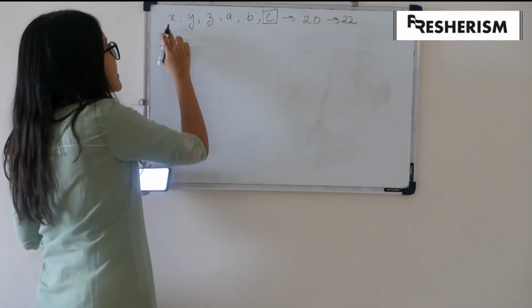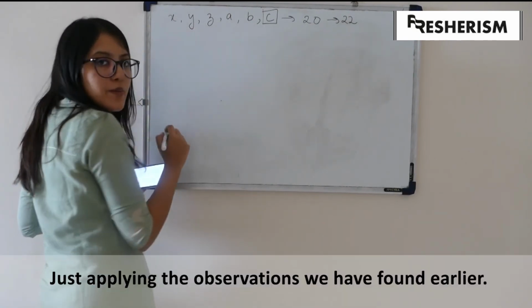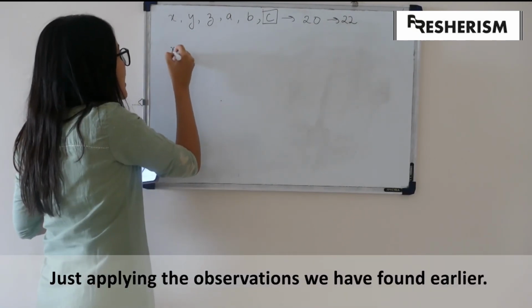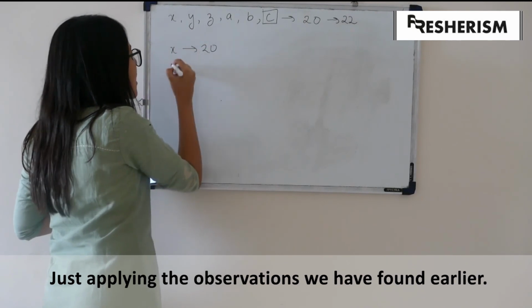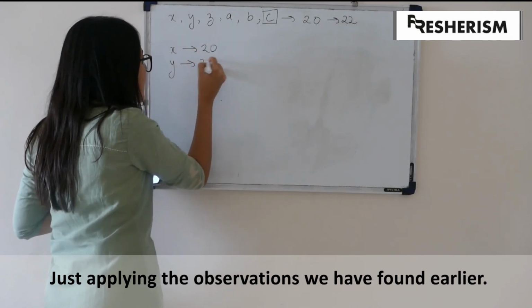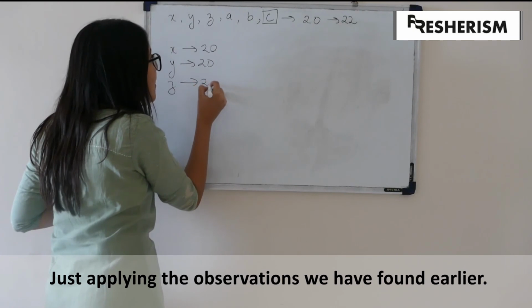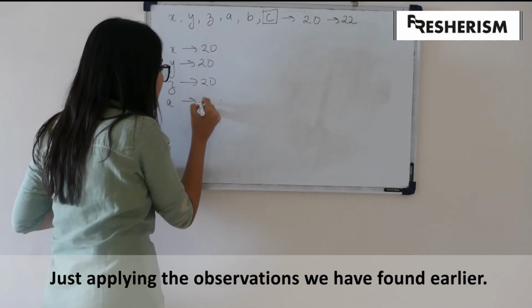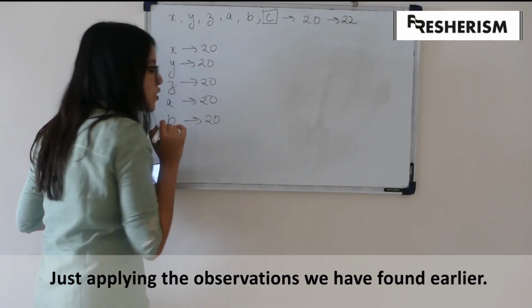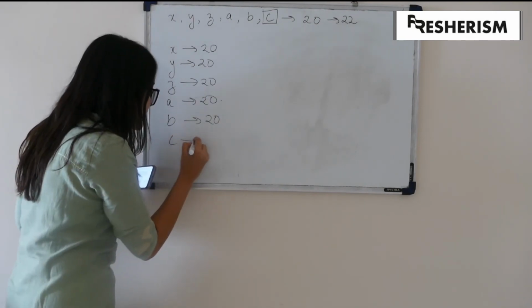We know that the individual average will also be 20. So x will be 20, y will be 20, z will be 20, a will be 20 and b will also be 20. Now we need to find c.